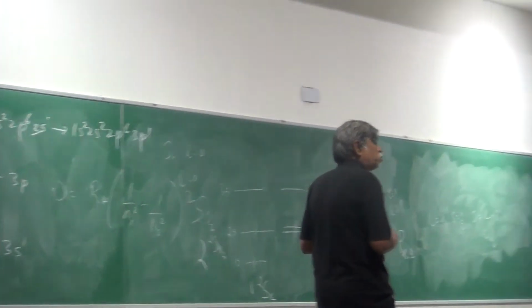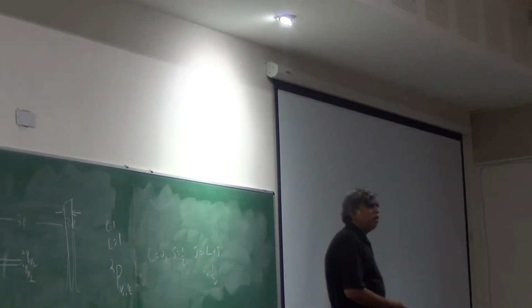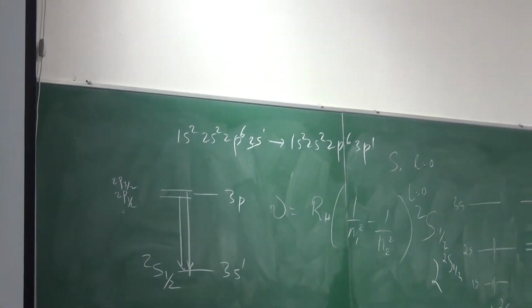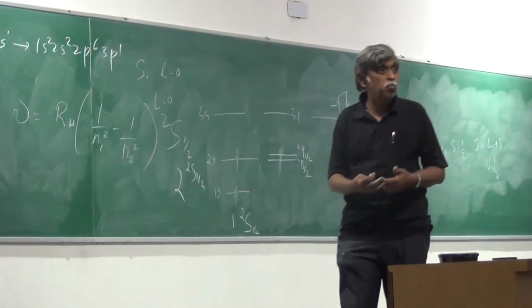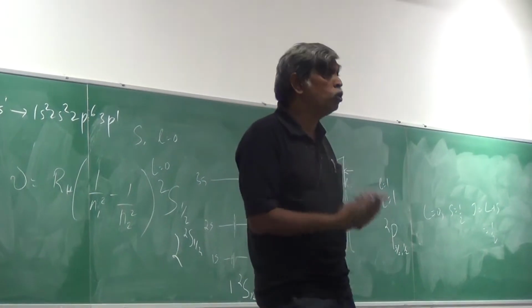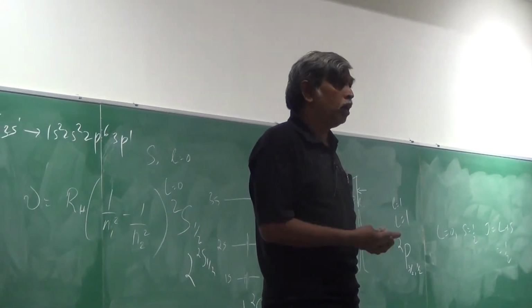And not just one line, which is what you would have expected to get if you had simply that sort of a picture. But that is not the picture you should be looking at. You should be looking at a picture in which there is a coupling of the orbital angular momentum and the spin angular momentum to give you J. And there are two J's that you are dealing with, J equals 3/2 and J equals 1/2.